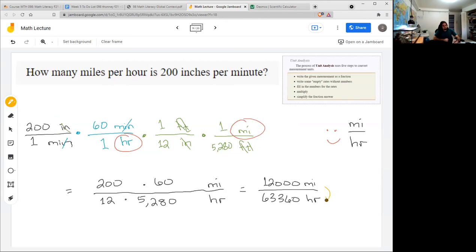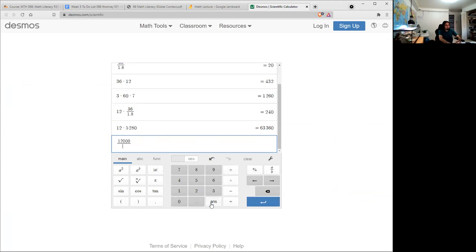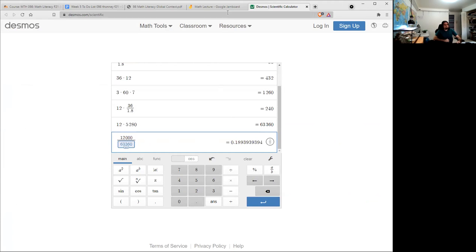Then I do my top divided by bottom. Oops. Oh, and I get about, how should I round this?